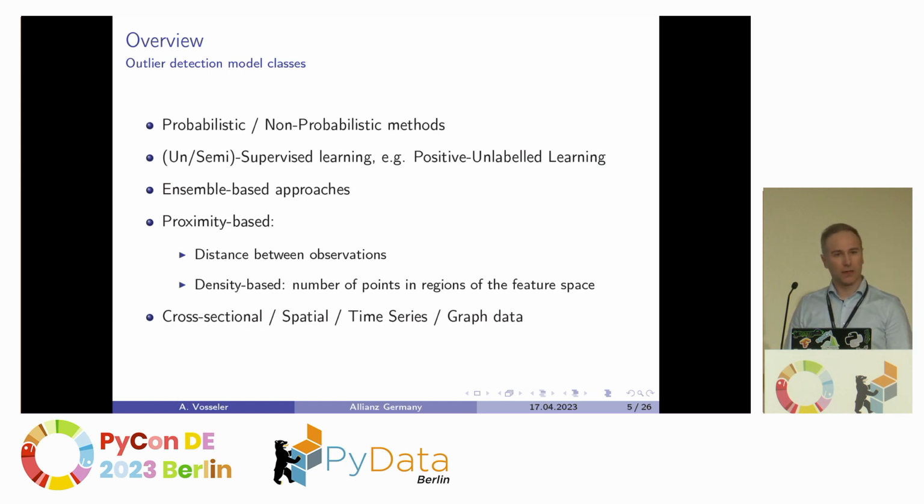Is it an ensemble that you're using, or is it a single model? Then how do you measure, let's say, deviation? So, for example, do you use the distances between observations in the feature space, or do you use some notion of density? So number of points in different regions of the feature space, and of course, what kind of data you're looking at. So do you look at a, let's say, cross-sectional data set, or do you have spatial data where you have an index that has a higher dimension? Is it an ordered problem or even a graph problem?